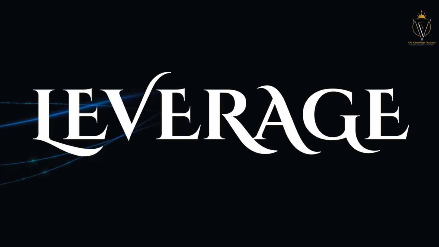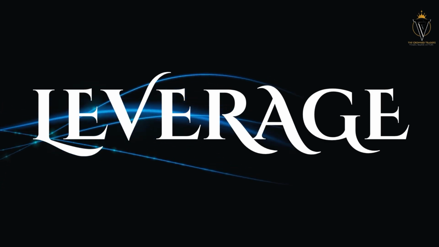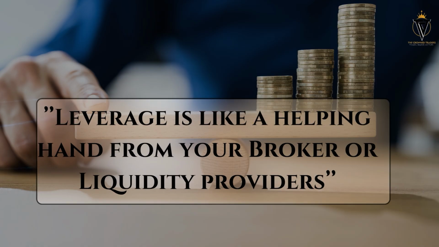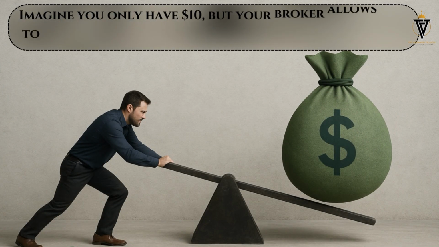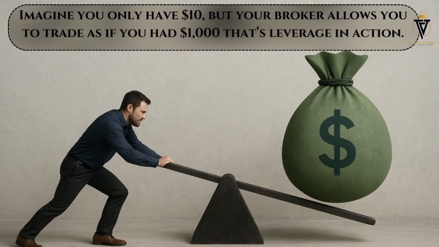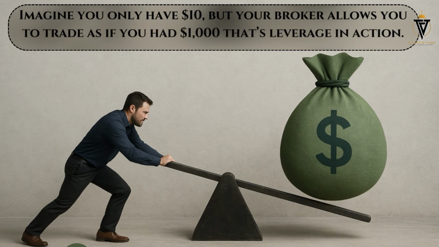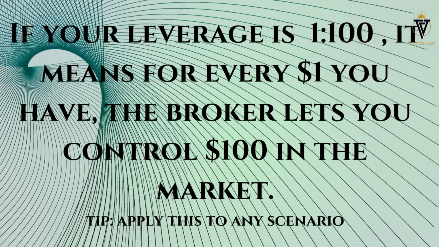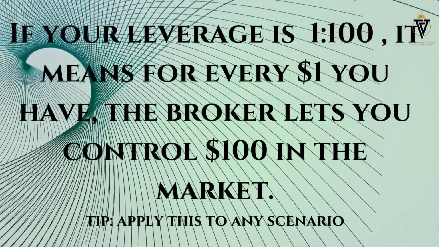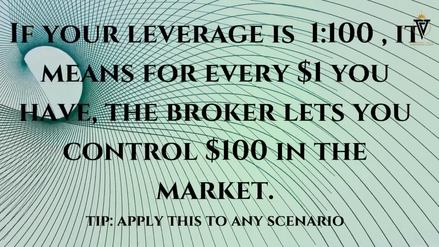See? So number 3 is leverage. What is leverage? Leverage is like a helping hand from your broker or liquidity providers. Imagine you only have $10 funded in your account, but your broker allows you to trade as if you had $1,000. That's leverage in action. If your leverage is 1:100, it simply means for every $1 you have, the broker lets you control $100 in the market.